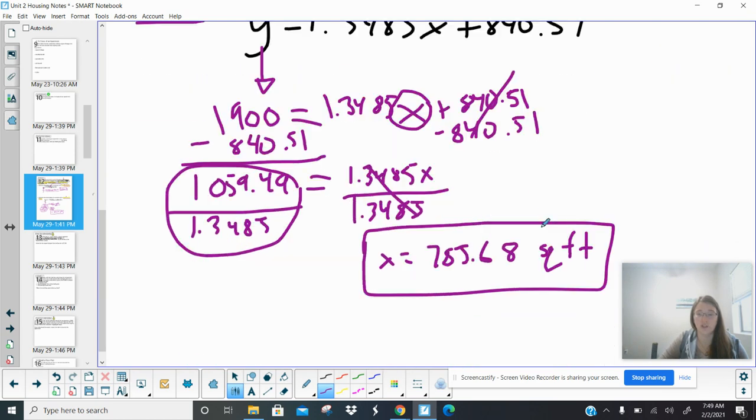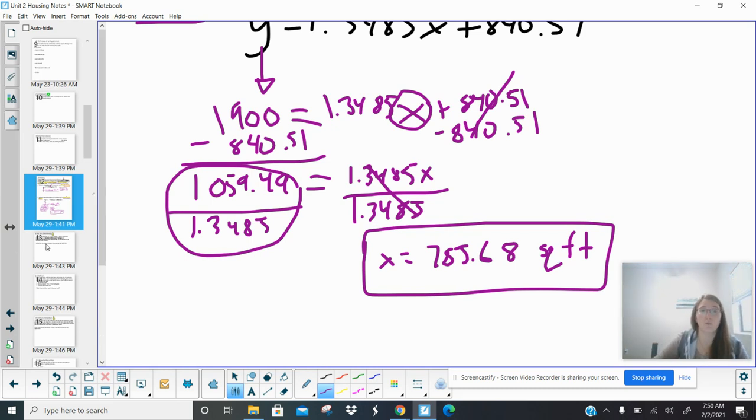Determine the square footage. This is square feet. So again, what this tells you is, okay, I can afford $1,900 using this equation, comparing all these different apartments. That's how big of an apartment I could get. But again, you're not going to lose points for units because there's no units on the homework or the test.